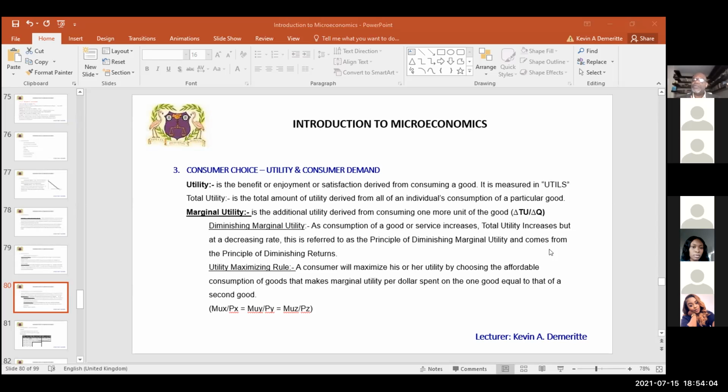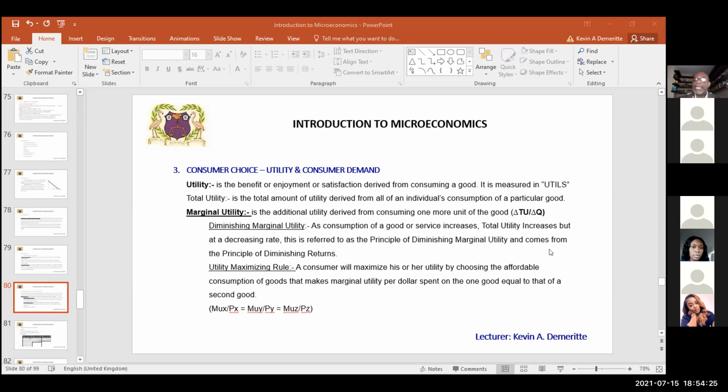So you're trying to decide on a basket of goods, and you're going to choose such that your marginal utility relative to the money you spend is going to be equal for each good.